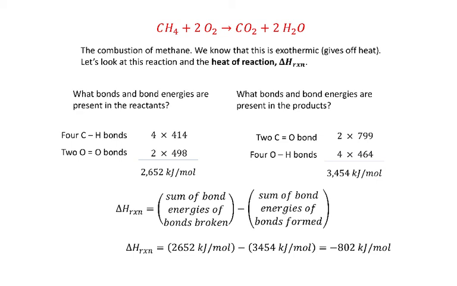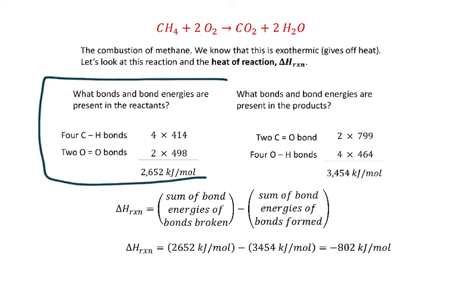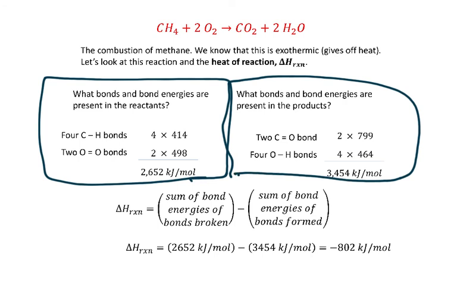So here's the reactants, 4 CH bonds, 2 OO double bonds, products, 2 CO double bonds and 4 OH bonds, and then delta H of the reaction is the sum of the bond energies broken, which is reactants, minus the sum of the bond energies formed, which is products, and it gives us an overall negative 802 kilojoules per mole.